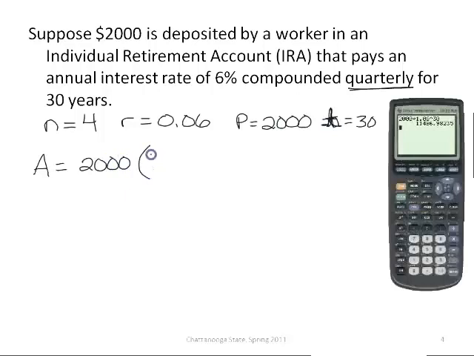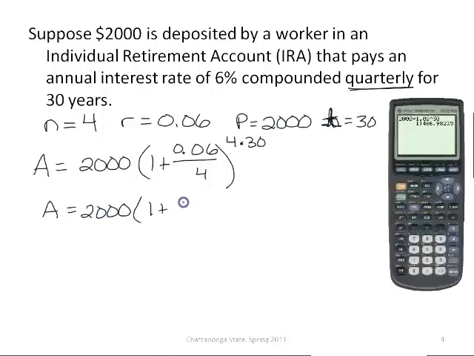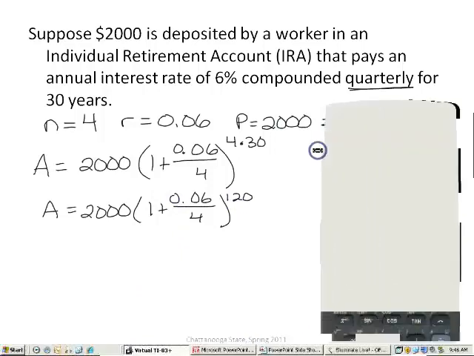So this time, it becomes a little more complicated. I will have 1 plus 0.06 divided by 4 raised to the 4 times 30 power. Now I know that power is 120, so I'm just going to go ahead and multiply that together to be 120.